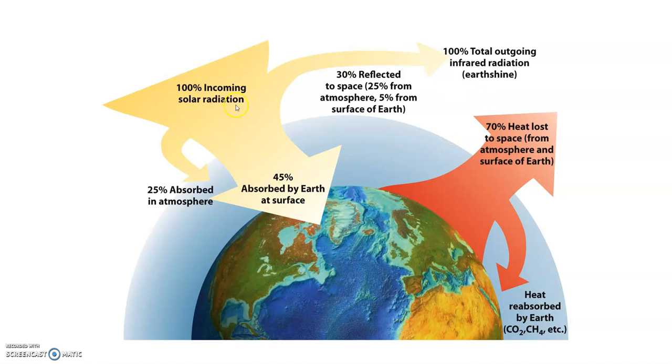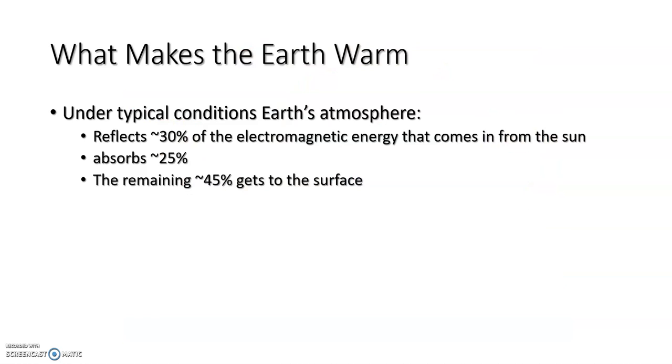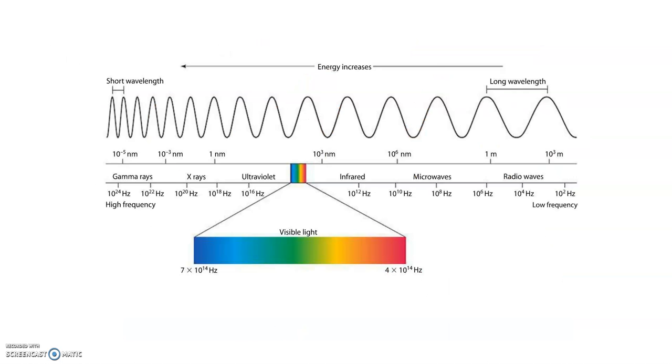So radiation comes in, it bounces off the surface of the Earth, and a lot of that reflected energy is infrared energy. And so that takes us back to this part of the spectrum. So we get a lot of infrared energy that can either go back off into outer space, which is what it does on the moon, or it can be absorbed by things in our atmosphere that hold on to that energy.